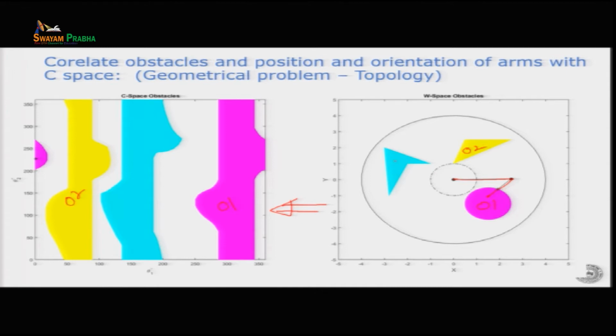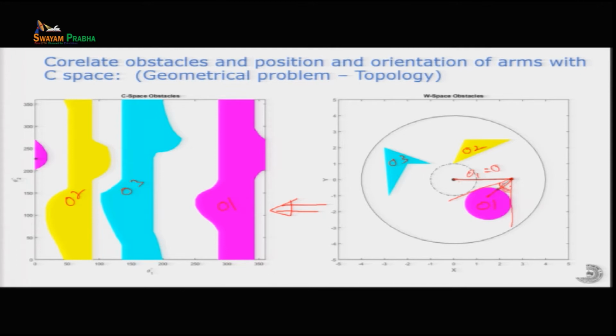You can see that there is very little correlation between the shape of an obstacle in the 3-dimensional or 2-dimensional world and in the C space world. But we can very easily find out, for example, that for this link, when theta 1 is equal to 0, it is going to be hitting the obstacle from this range to this range.